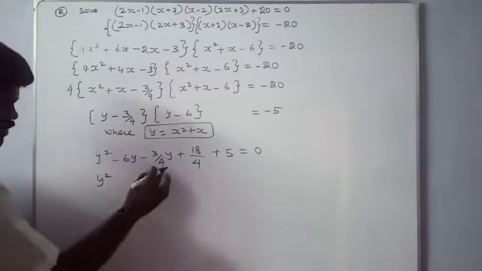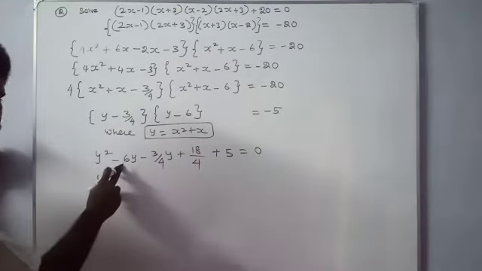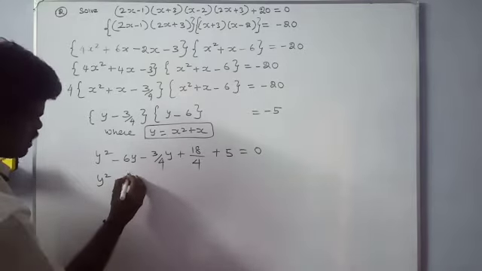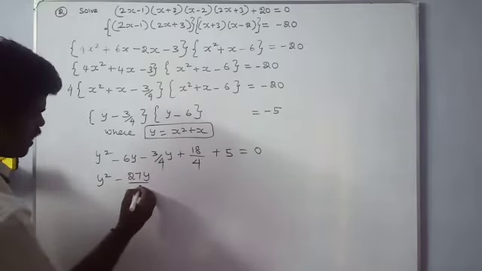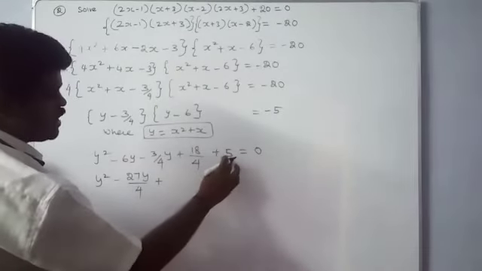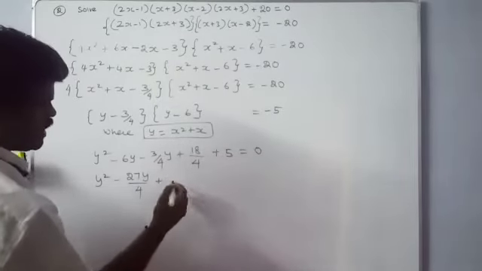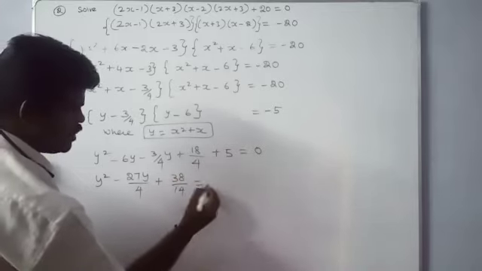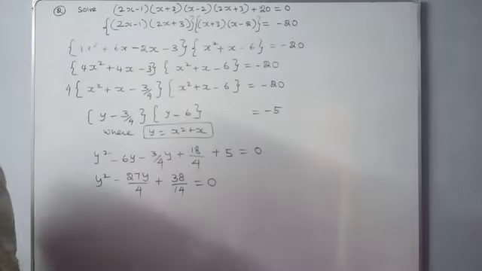Y square, here is minus, cross multiply these 2 terms, minus 24 minus 3, so minus 27y divided by 4, and here plus 4 5s are 20 plus 18, 38 divided by 4 which is equal to 0.